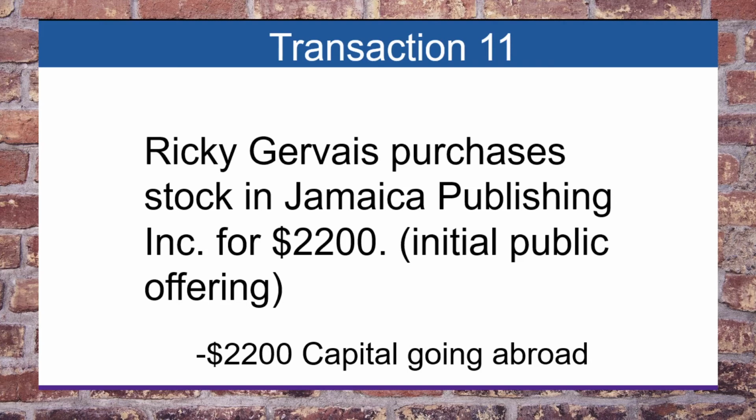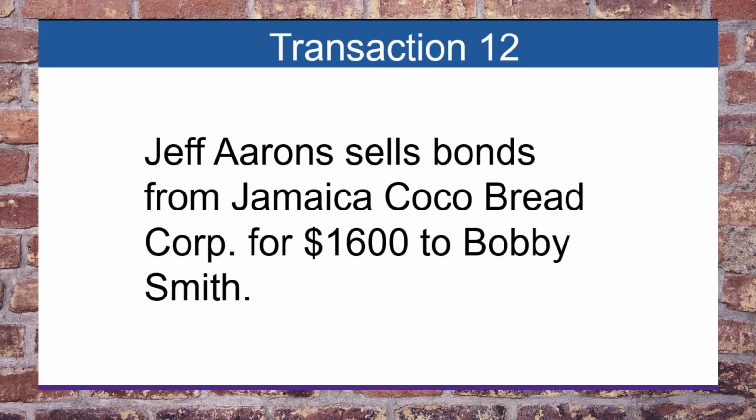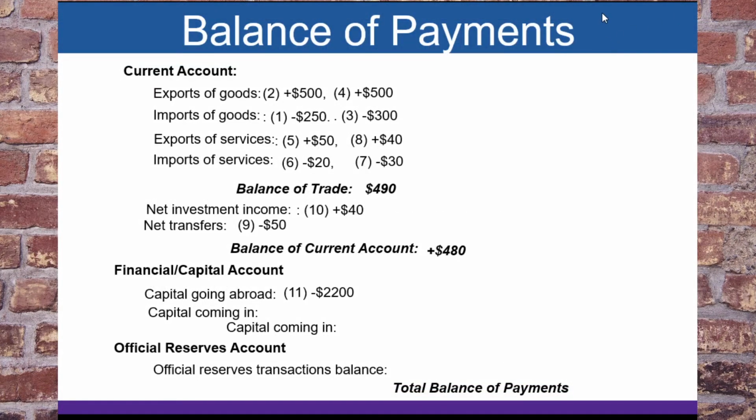Then the next transaction, Jeff Aaron sells bonds from Jamaica Cocoa Bread to Bobby Smith, right? Bobby Smith is buying shares in Cocoa Bread, right? That's $600 that is leaving the country, right? So we have that 600 there, 1,600, excuse me.